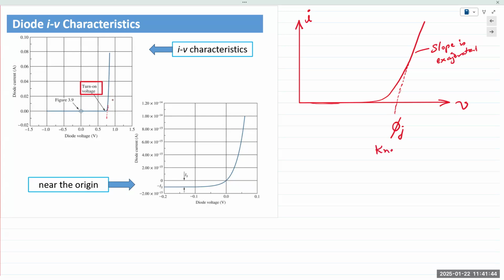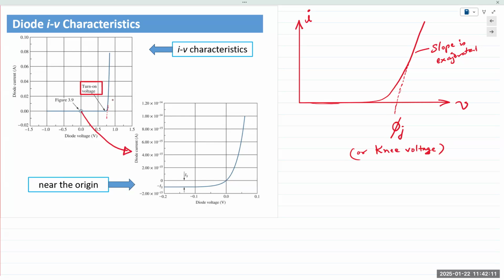It is also known as the knee voltage. Simply the diode voltage. It's the voltage that is required to turn it on in the forward bias. This is shown right here.